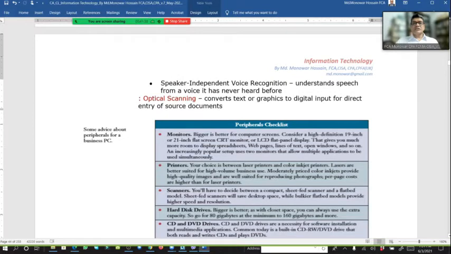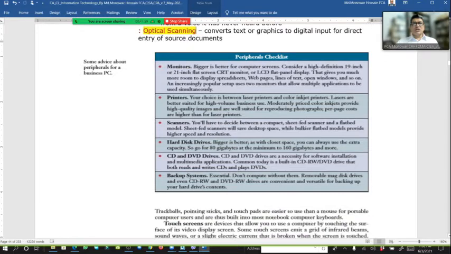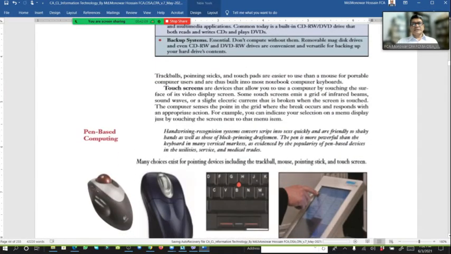Voice recognition, etc., and optical scanners convert text or graphics to digital input for direct entry from source documents. Some devices, that means peripherals, here are monitor, printer, scanner, hard disk drive, CD, DVD drive, backup system, etc. This is taken from your reference book also.